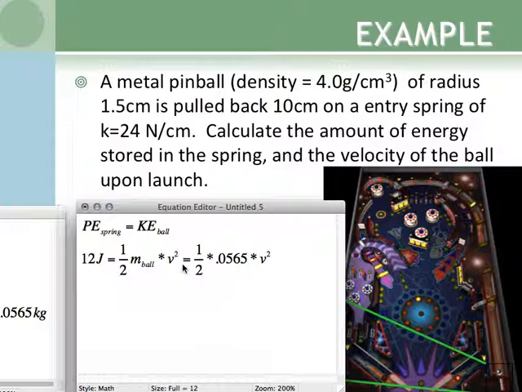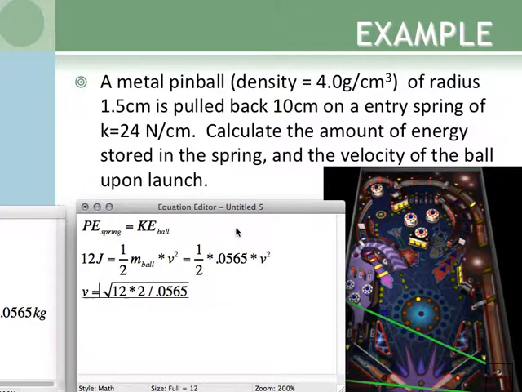And so to solve this, I'll take 12 joules and multiply it by 2 to get rid of the 1/2, and divide by 0.0565, and that'll give us v squared. And so if we take the square root of that, that should give us v.